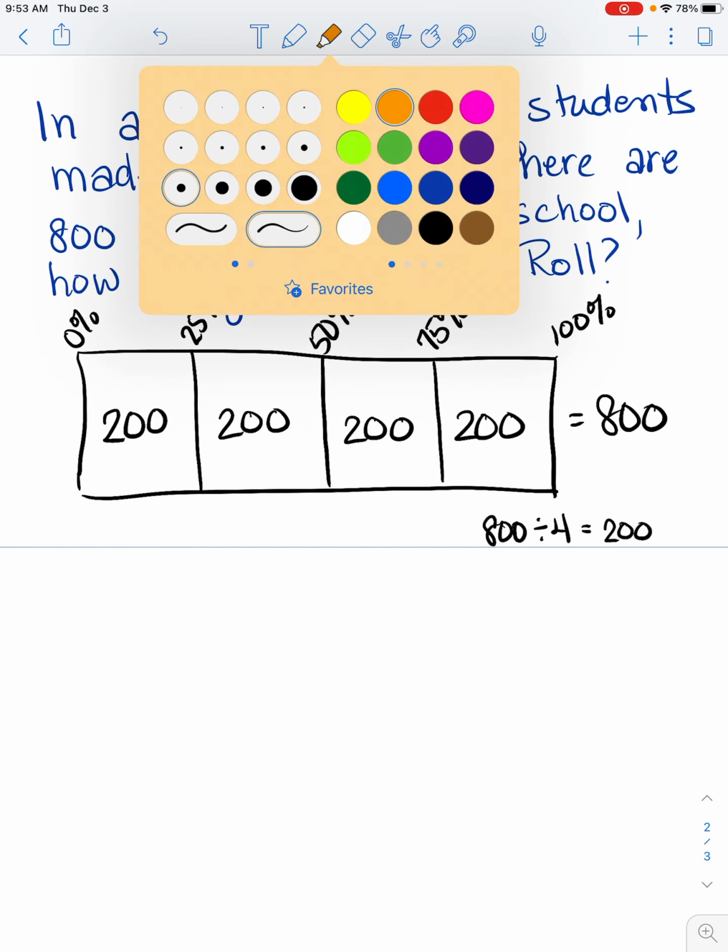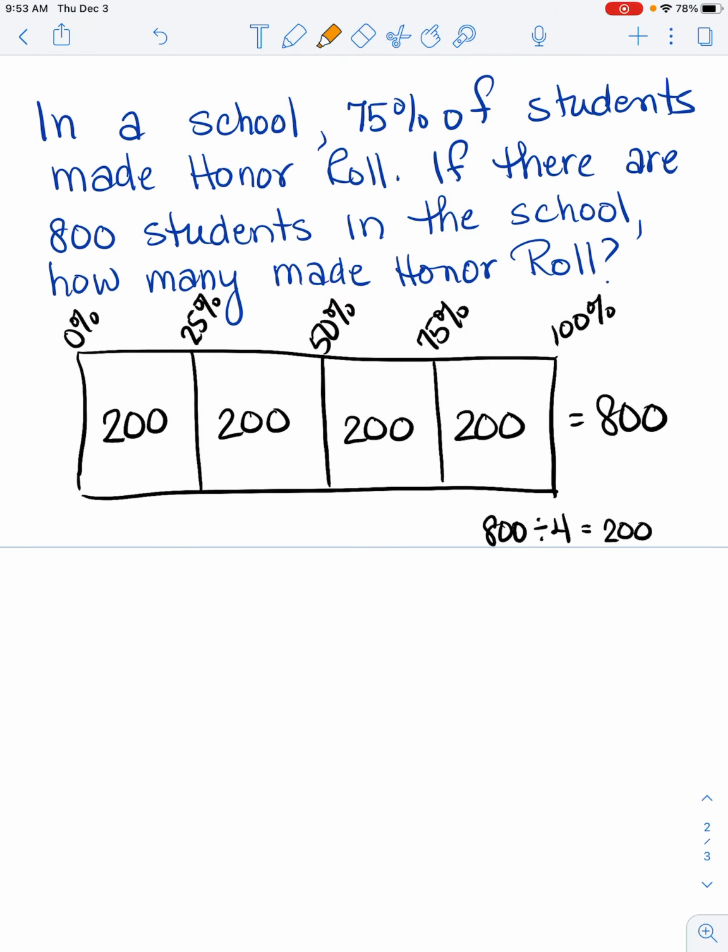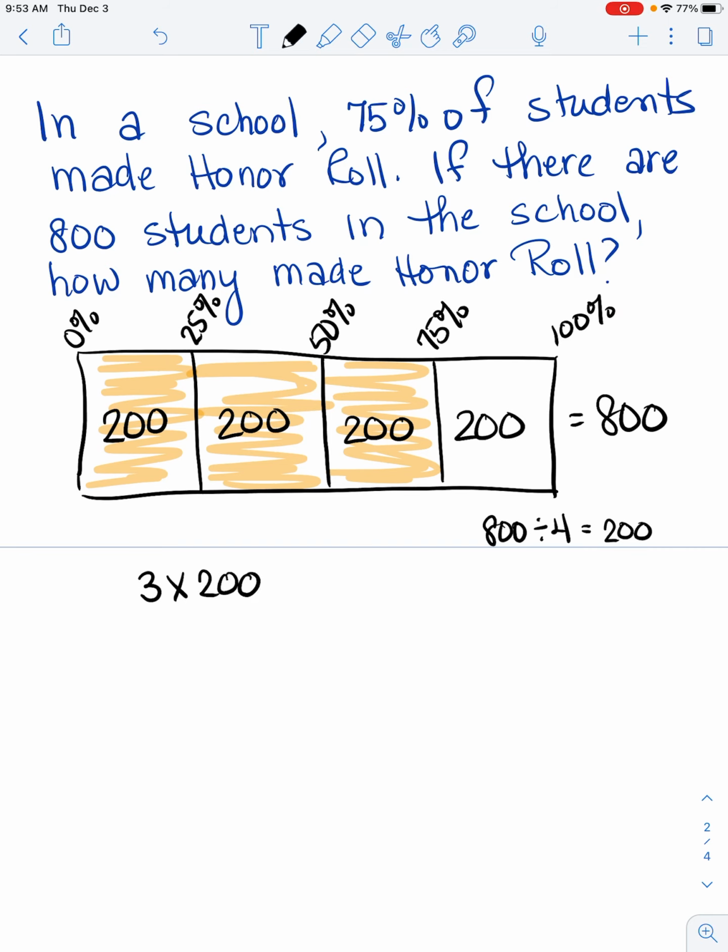How many boxes? I want 75%. So this would be 25, 50, 75%. So we want 3 boxes, and each box has 200. So that would be 600.